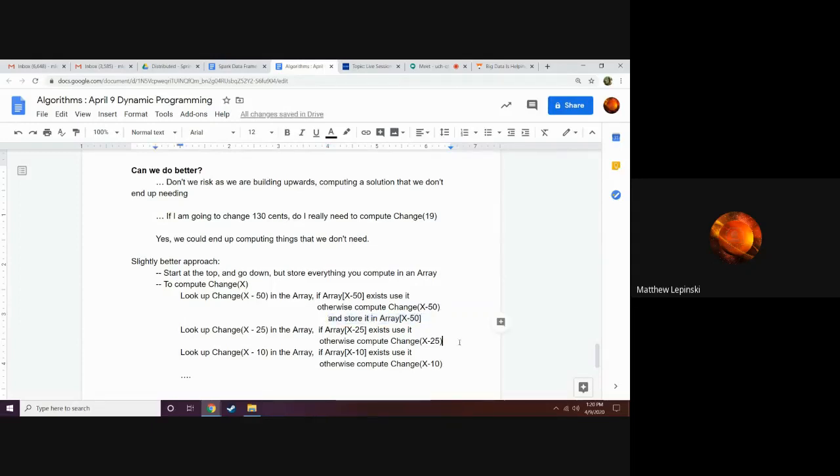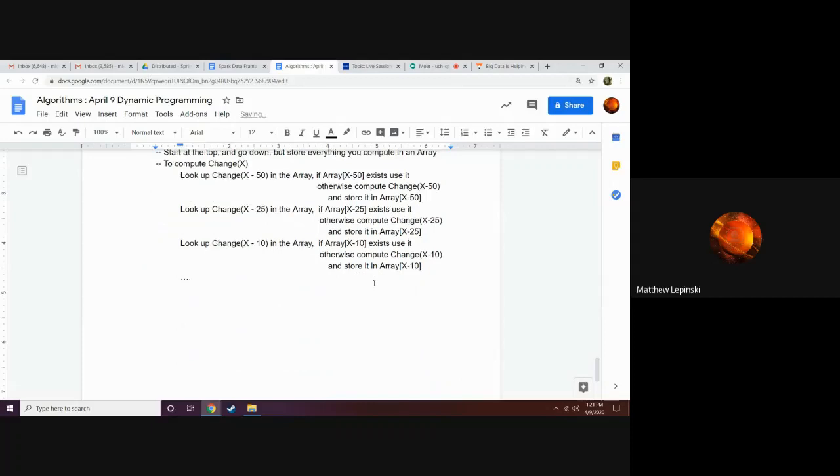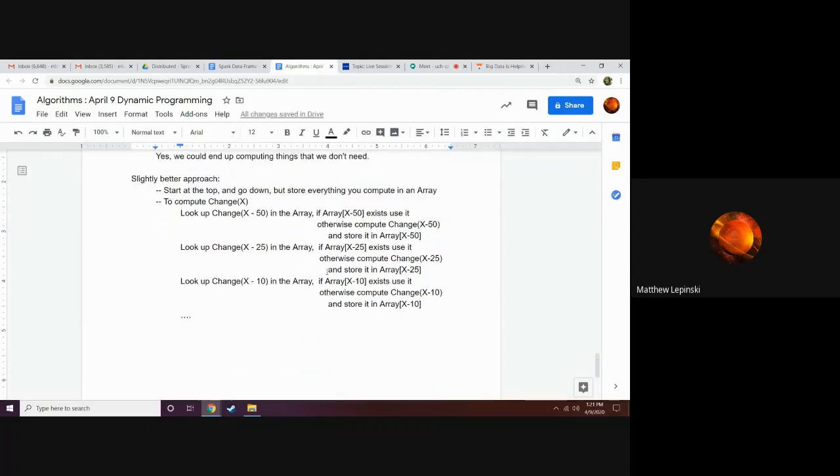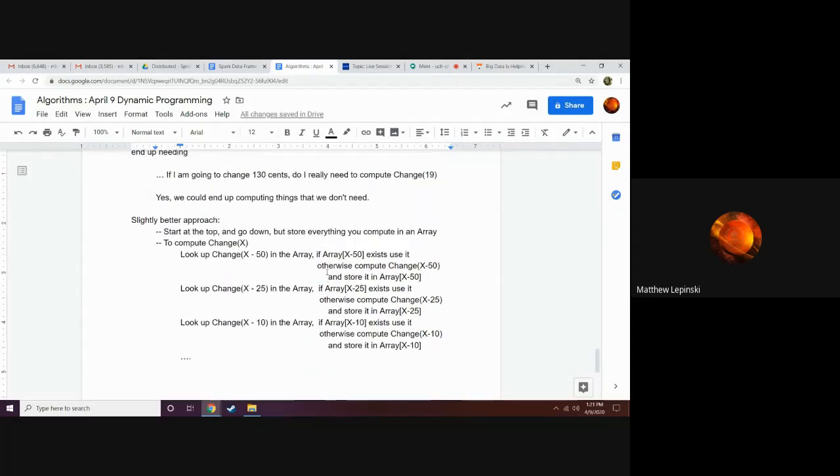So every time you go to the trouble of computing a value, you then store it in the array so that in case you ever need it again, you would have it available at your fingertips. Does that make sense? So this solves the problem of making sure that you don't compute anything that you don't need, but it also makes sure that you don't.